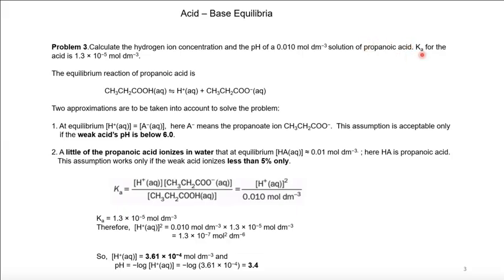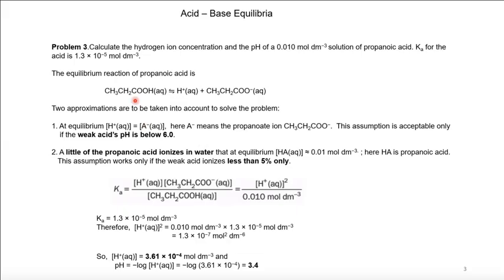Propanoic acid is a weak acid, and its acid dissociation constant Ka is given as 1.3 × 10^-5 mol per dm³. This is how propanoic acid is ionized, the equilibrium reaction of propanoic acid. This A minus here means the propanoate ion.